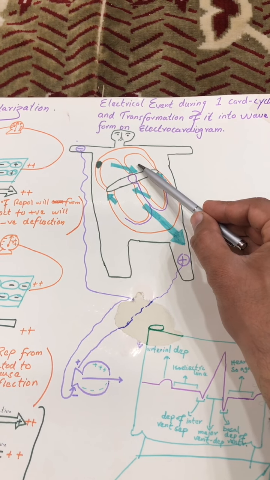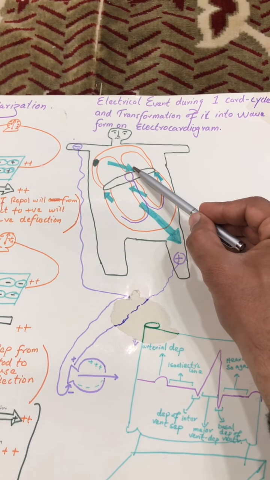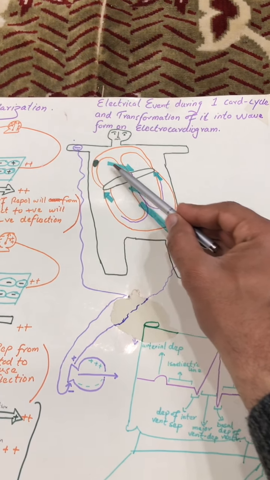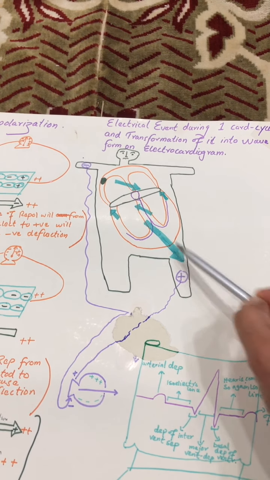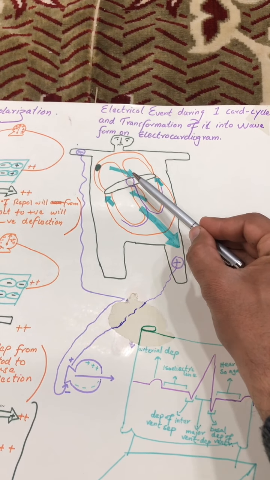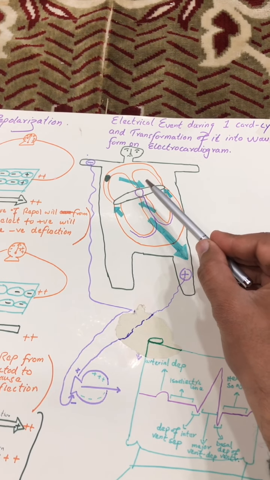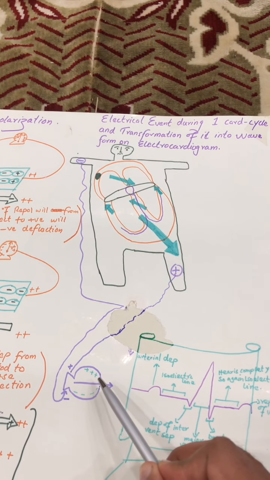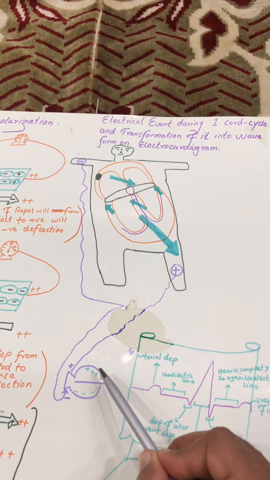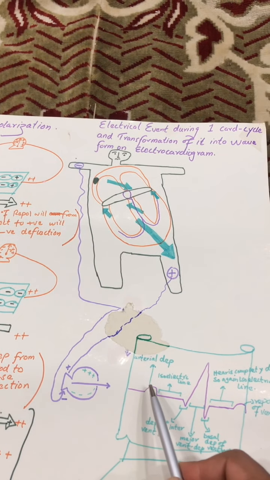This is a wave of depolarization, so a positive wave. See, positive wave. It is going away from the negative electrode and going towards the positive electrode. See, so atrial depolarization is going to cause, see, positive into positive is equal to positive deflection. So the needle will deflect to the positive side.